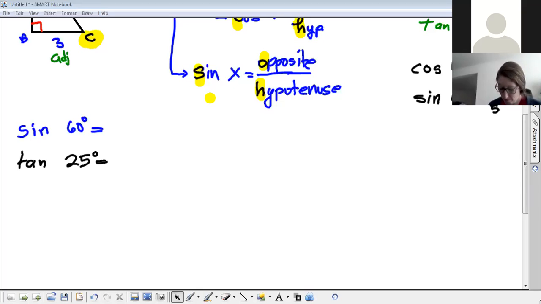Very important. Yesterday, you should have created a new account in ALEKS. If you're using an old account, for many of you, you're probably using Math 1 with your last year's teacher. Okay, you must create a new account.